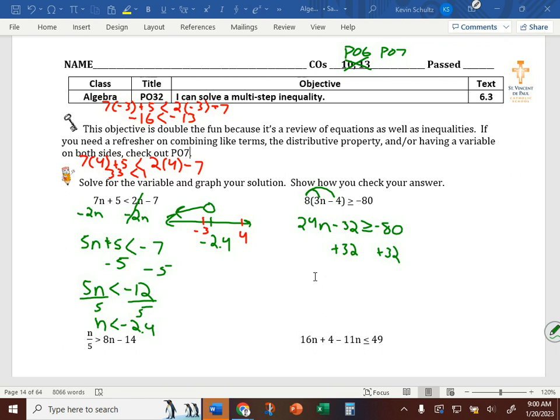And that gives us 24n is greater than or equal to -48. -80 plus 32 is -48. Divide both sides by 24. And n is greater than or equal to -2.